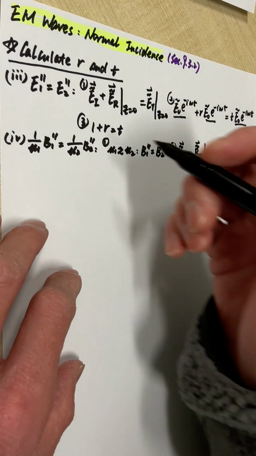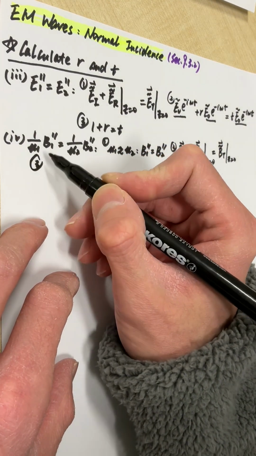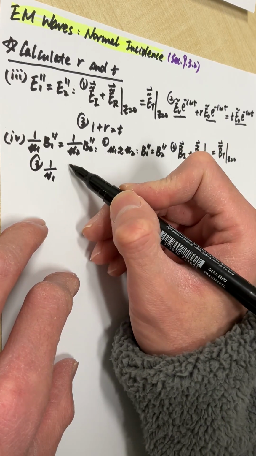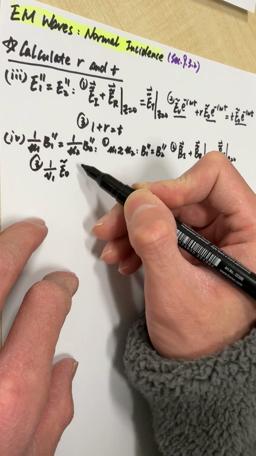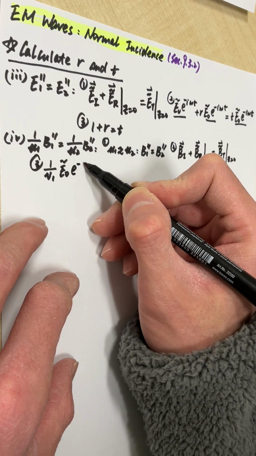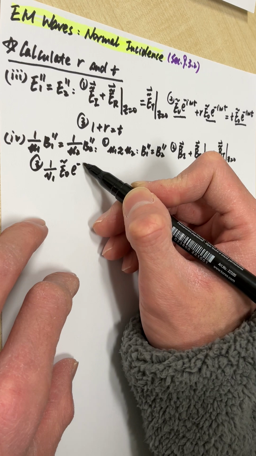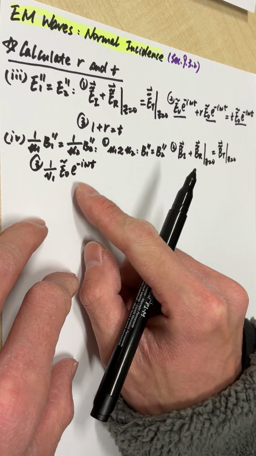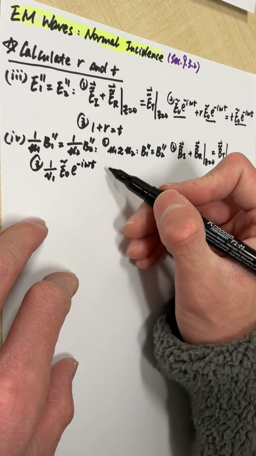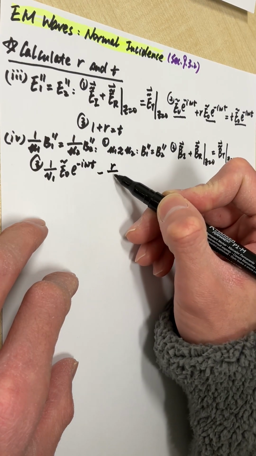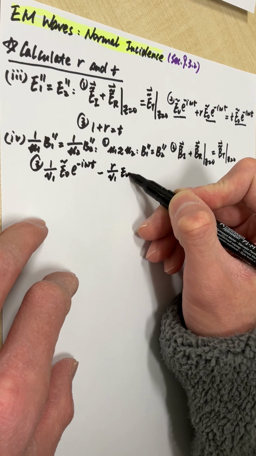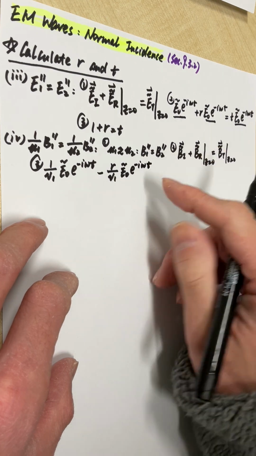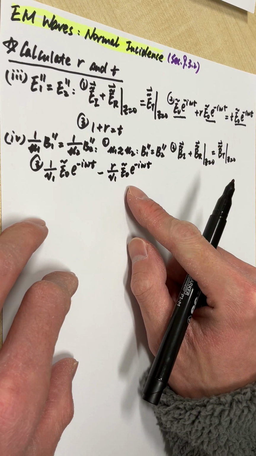So let's extend this. The third step: we have 1 divided by V1, times E0, times e to the minus i omega t. That is the incident magnetic field. And then minus R divided by V1, E0, e to the minus i omega t, which is the reflected magnetic field.